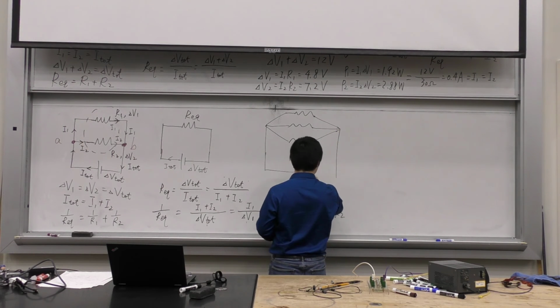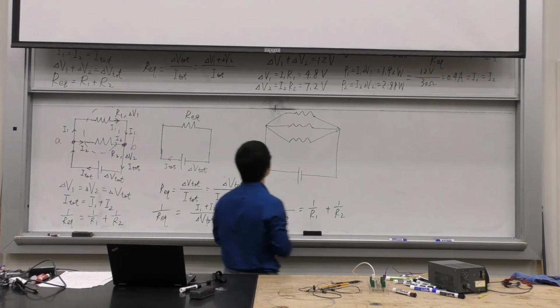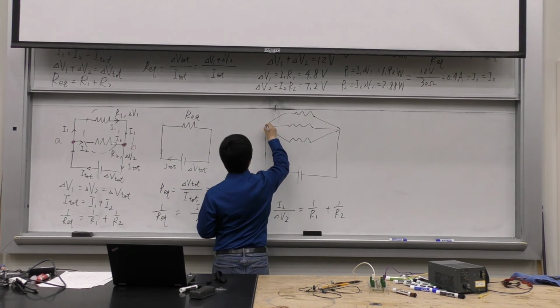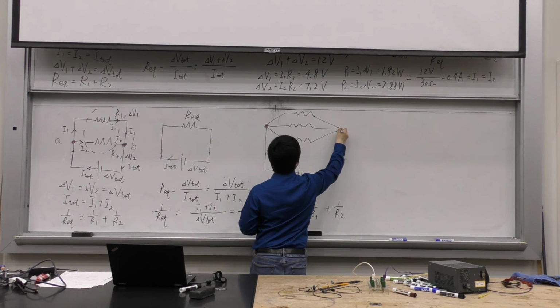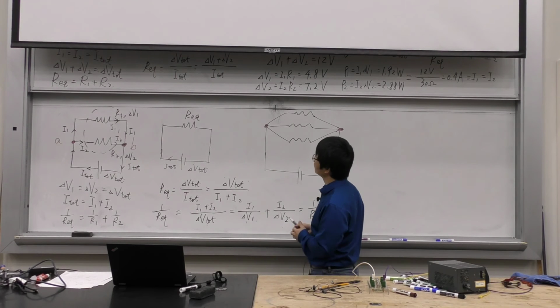Now they're back to the battery. So these 3 guys, again, they are in parallel, right? Take a look at them. They are all connected to the same 2 lines, so these 3 guys must be in parallel.